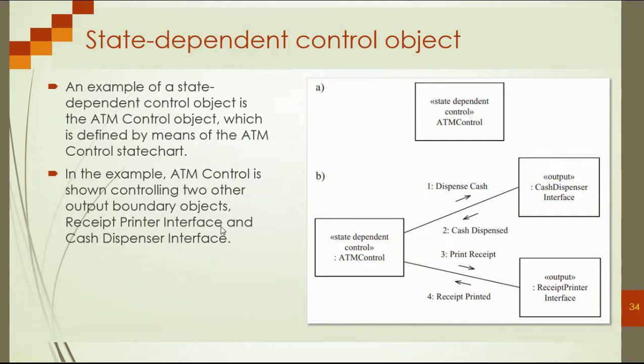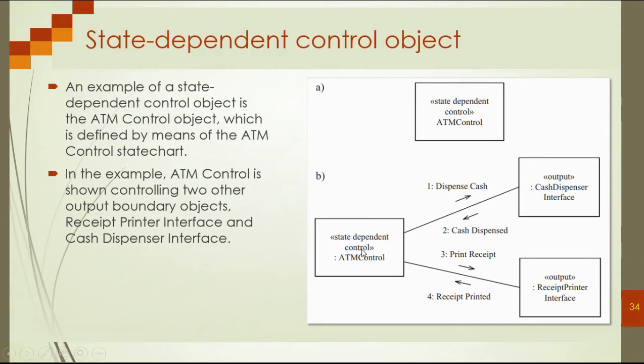Let's see an example here also. It's the ATM control. Here is the class, and then we create the ATM control object. As we see here, we have a sequence of operations, but these operations are done based on the current state.